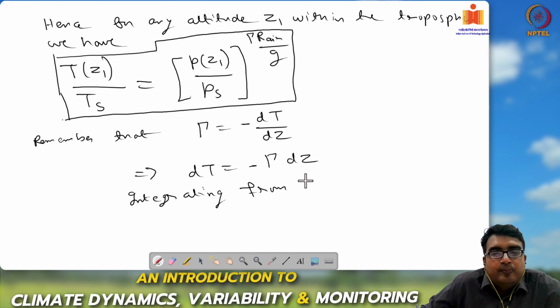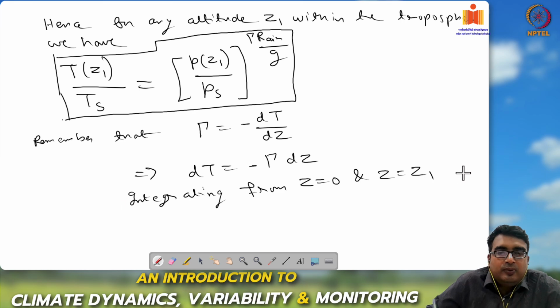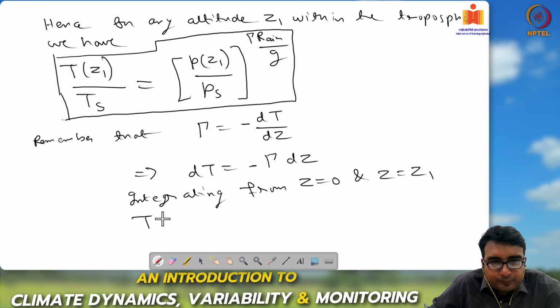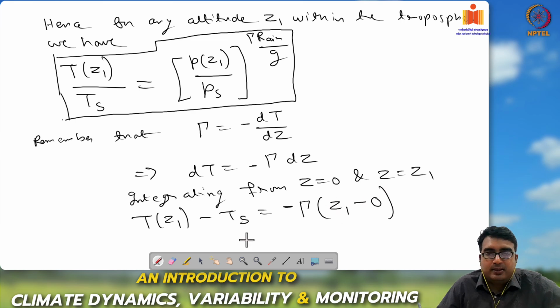from z equals 0, which is at sea level, and z equals z1, we get T of z1 minus T of s equals minus gamma times z1 minus 0.